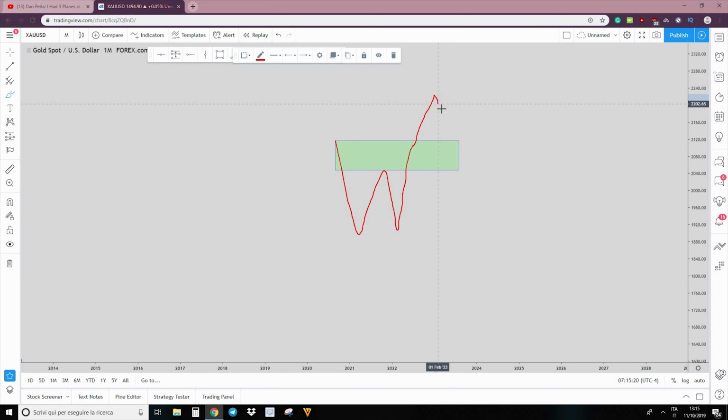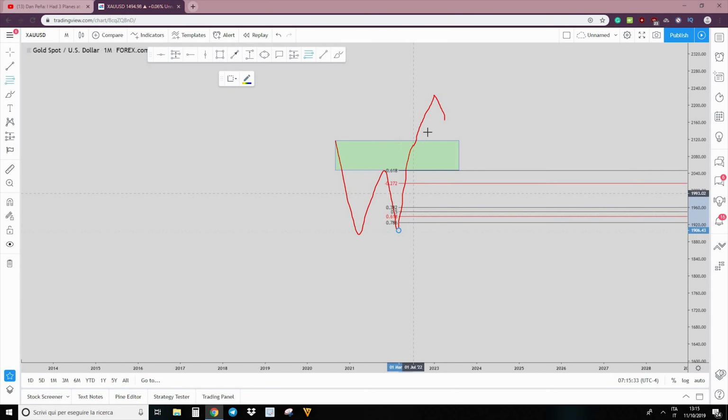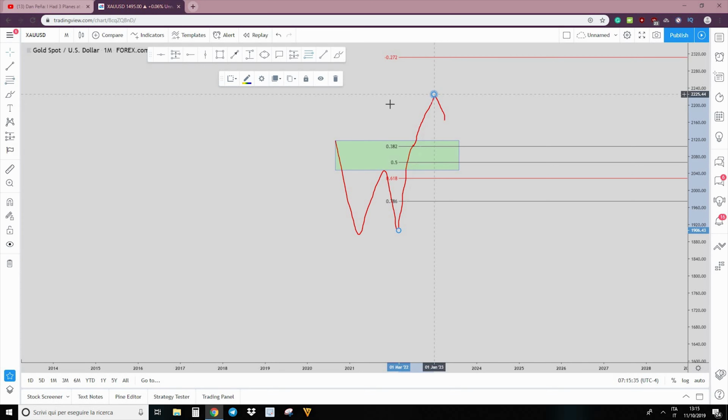So what will happen is that the market will retrace to the 382 Fibonacci, 38.2. So what you're supposed to do in identifying your target for the pullback when you see an overextended W formation is taking your Fibonacci from the low to the high and identifying the 382. And this will be your target.